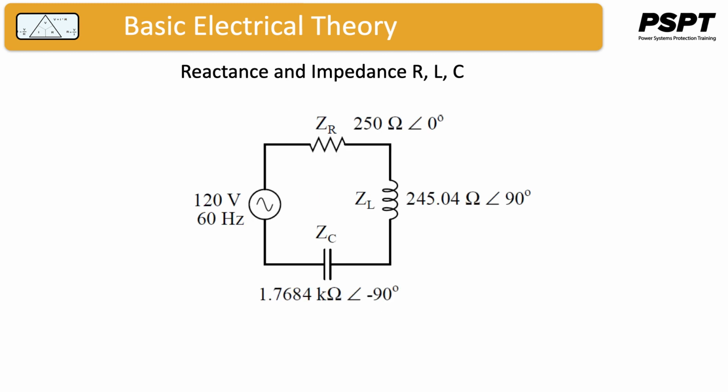Now, with all the quantities of opposition to the electric current expressed in complex number format, they can be handled the same way as we handle plain resistances in a series DC circuit.